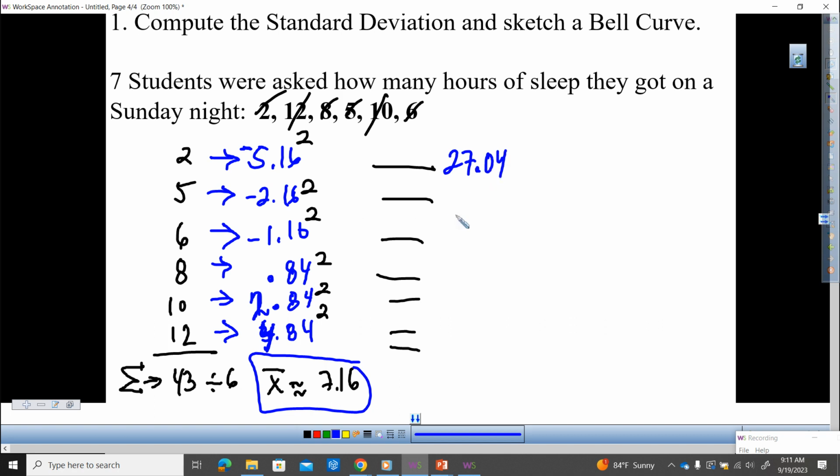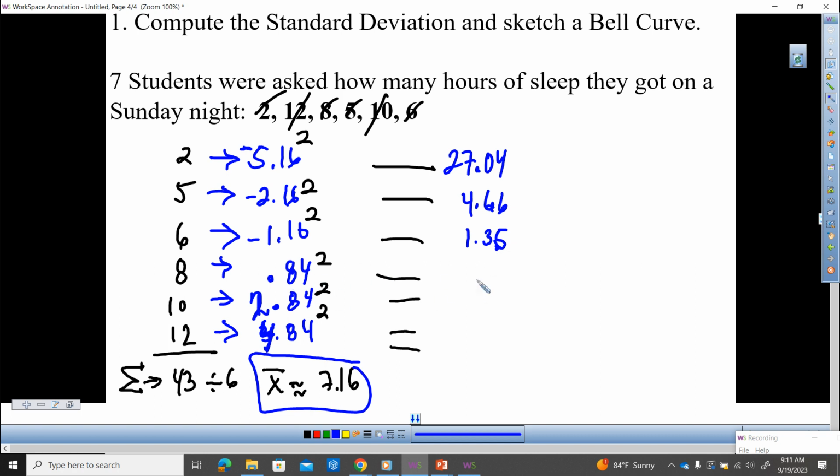How about 2.16 squared, Eric? 4.66. 1.16 squared, Albert? 1.35.